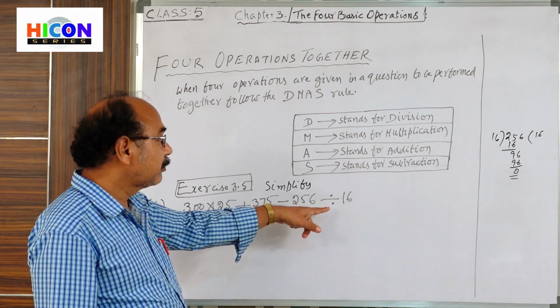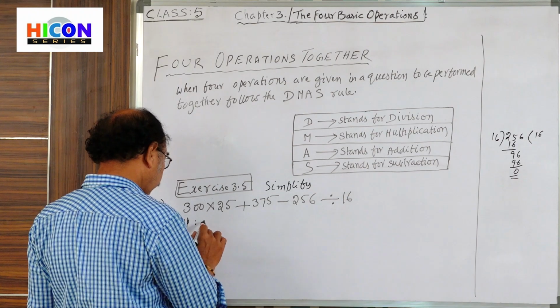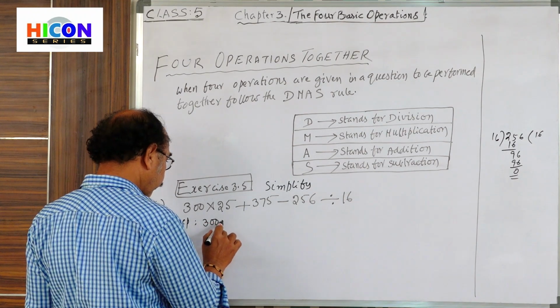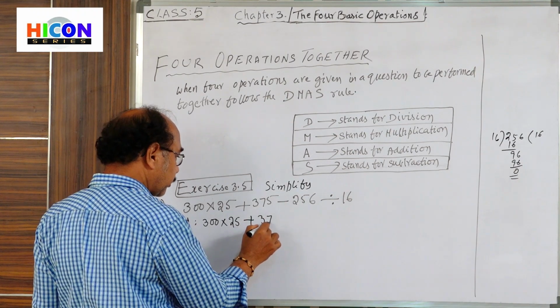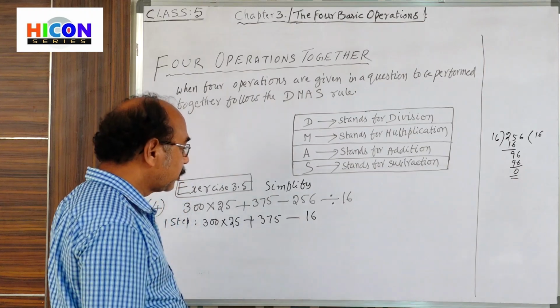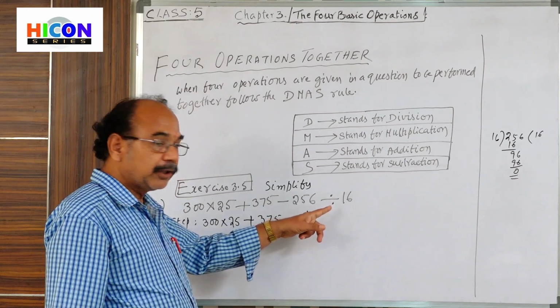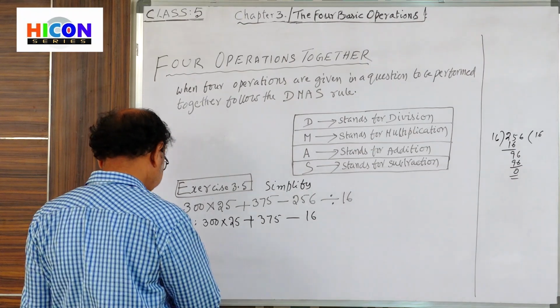So, here we write 16. So step 1: 300 into 25 plus 375 minus, here we write 16. Here we showed the division operation. Now step 2.